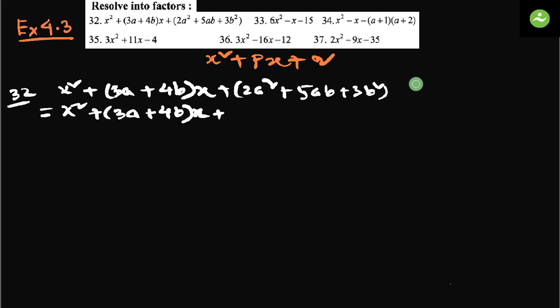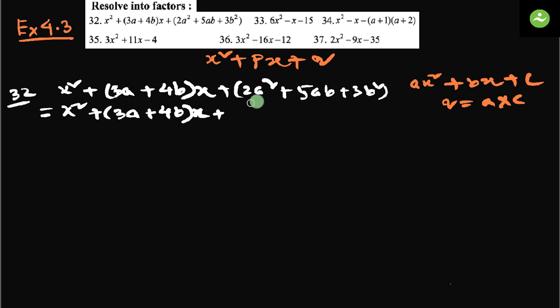This format is ax squared plus bx plus c. Whenever there is a coefficient with x squared, we will put that in this form, ax squared plus bx plus c. And when we solve this, how is it different? Only the difference is here q equals a into c, and rest everything is same as before.